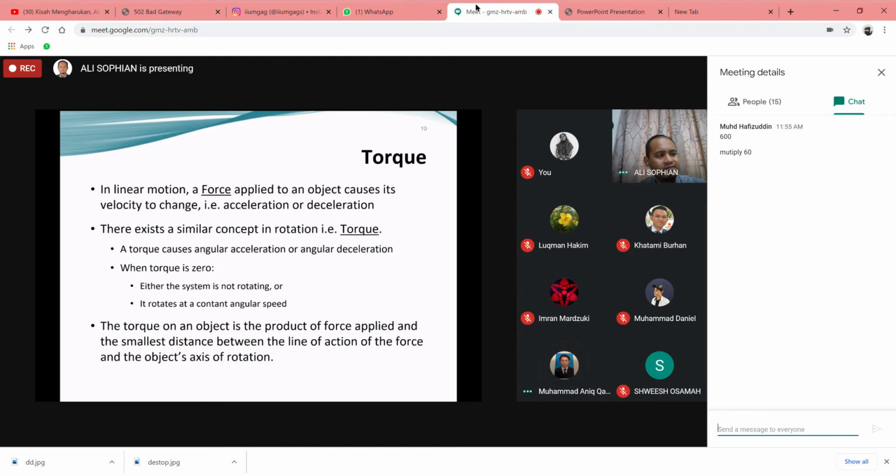Frictional force. What is it? Yes, okay, that's good. So frictional force, such as if you are pushing a table with your hands, and then you let your hands off, the table will not move very far.